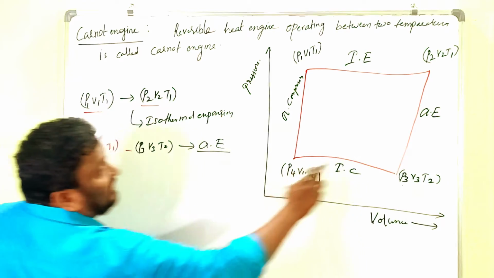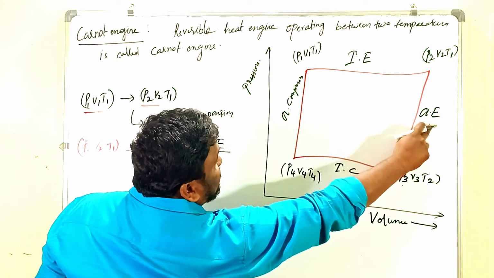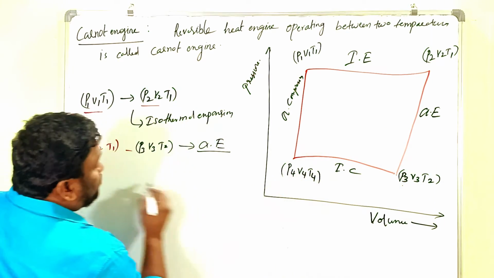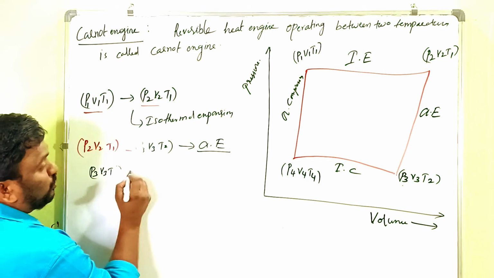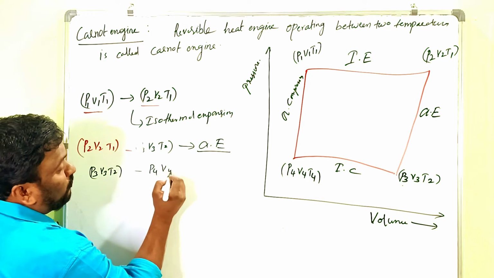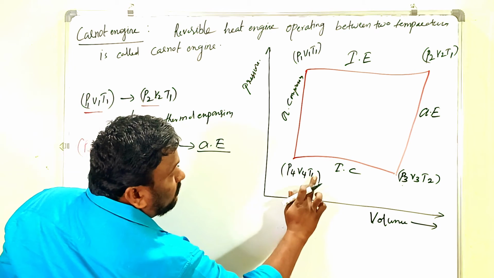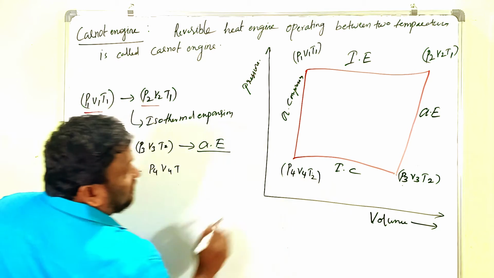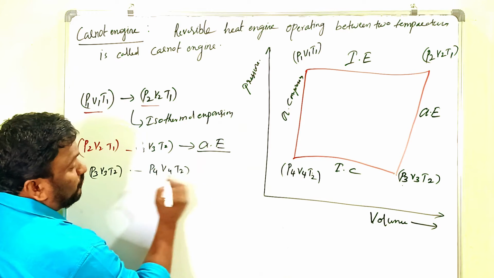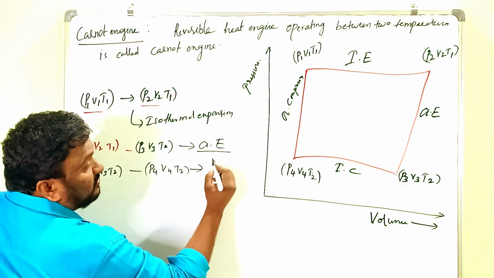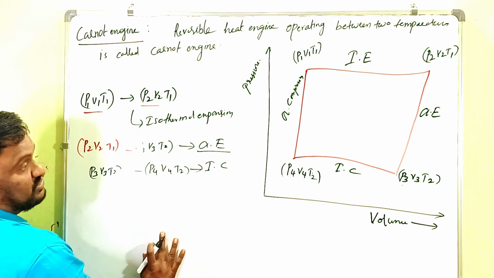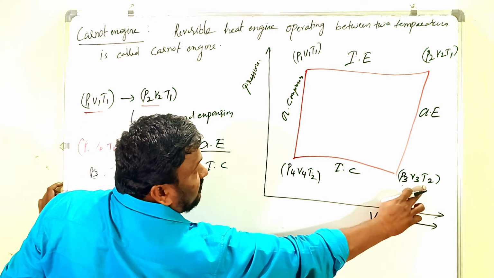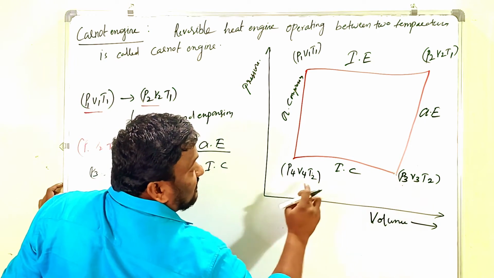And now P3 V3 T2 to P4 V4 T2, this is isothermal compression. That's why we are showing that this is T2 and this is also T2.